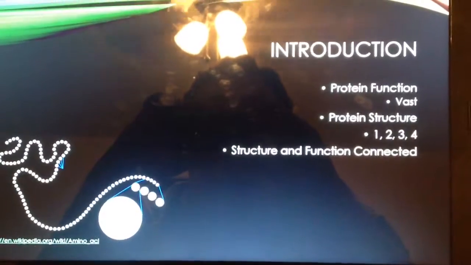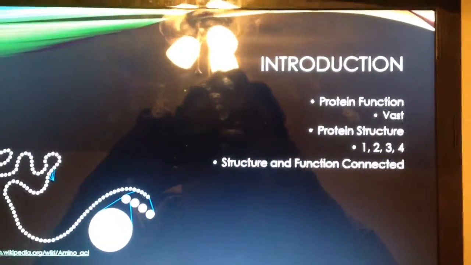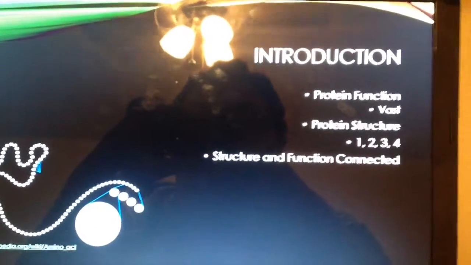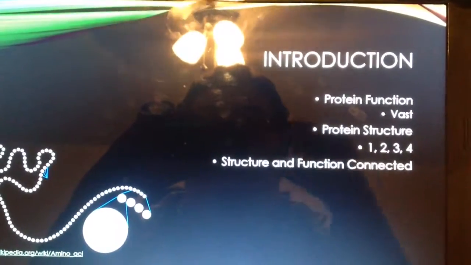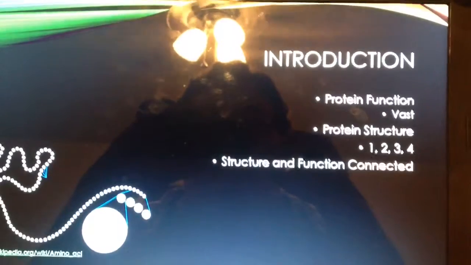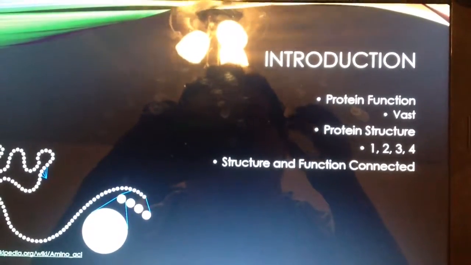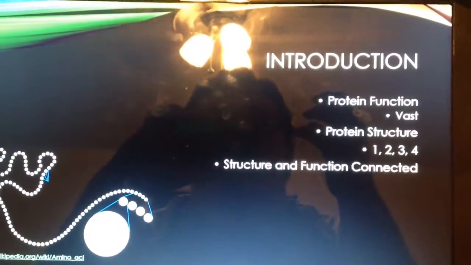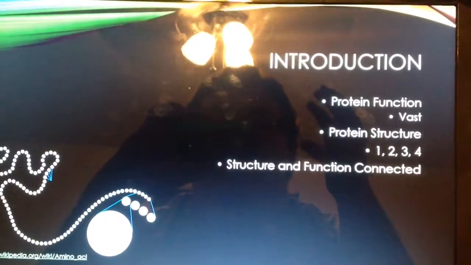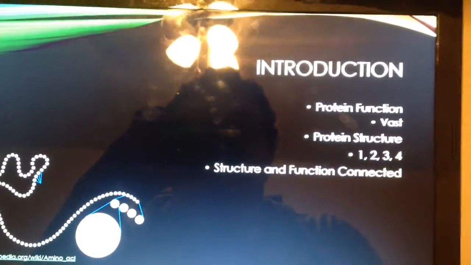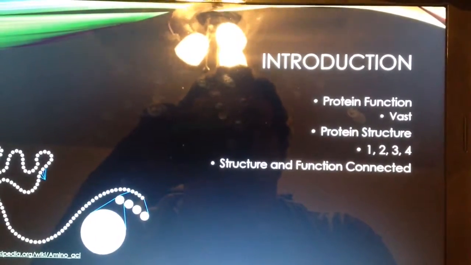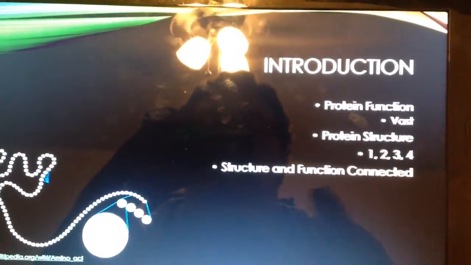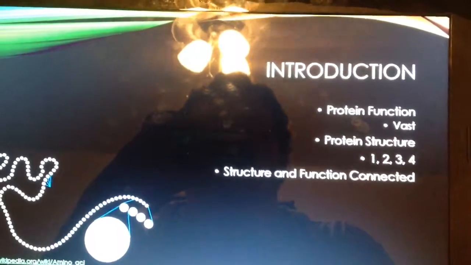And with protein structure, you've got four levels of protein structure. You got primary, which is going to be the amino acid sequence; secondary, which is going to be those chains of amino acids; tertiary, which is going to be the foldings, alpha helices, beta pleated sheets, etc., of how those polypeptide chains fold onto each other; and quaternary is going to be multiple of these polypeptide chains joined together to make one full protein.